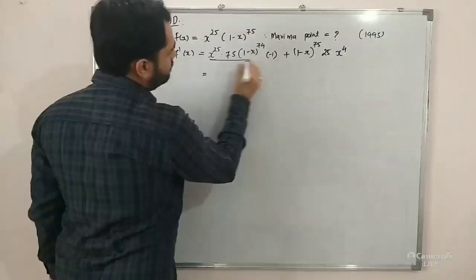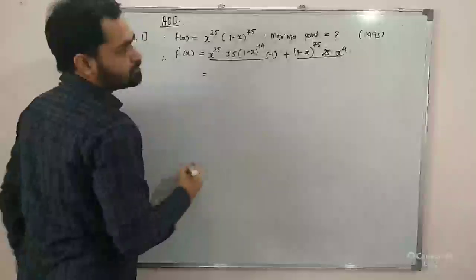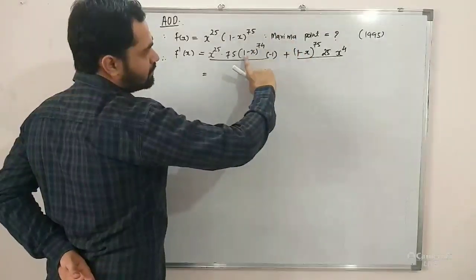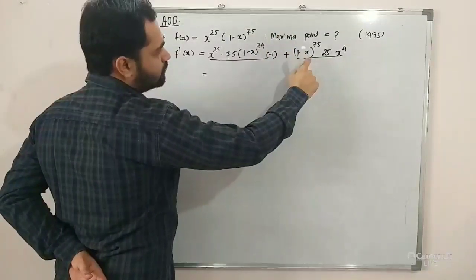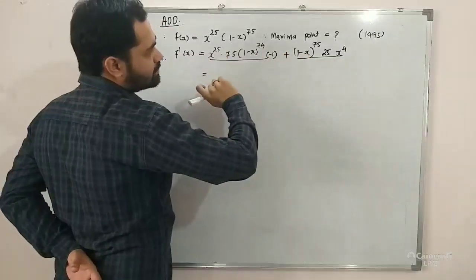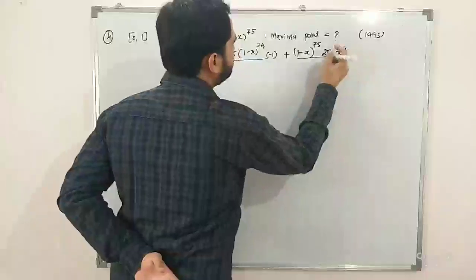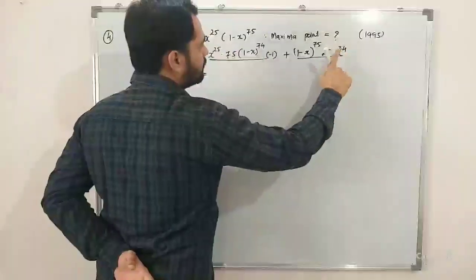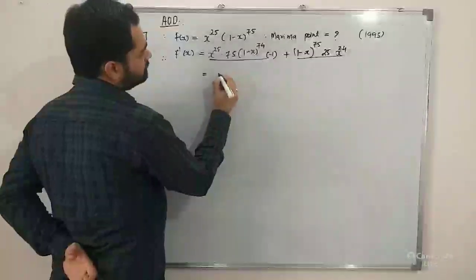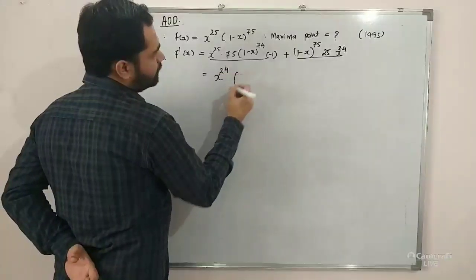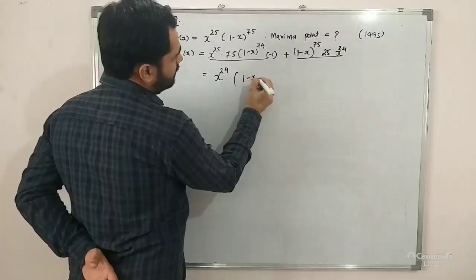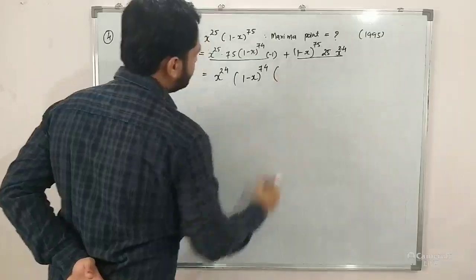So taking common from both terms, the minimum power of 1 minus x is 74, so the 74 power is common, and x to the power 24 is common, x to the power 24 into (1 minus x) to the power 74.